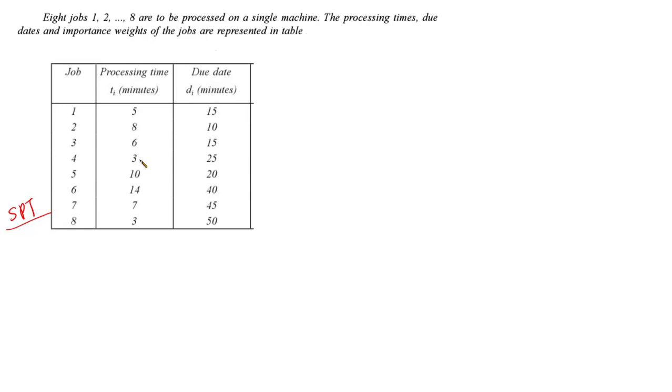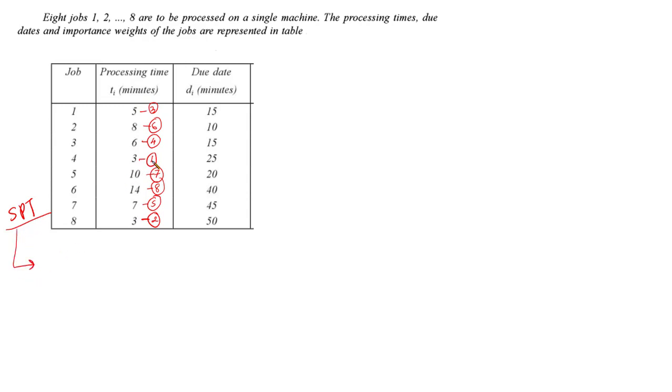So this we will take as first, then this will be second, then the next one will be third, then this will be taken as fourth, then this one is fifth, sixth, seventh, eighth.